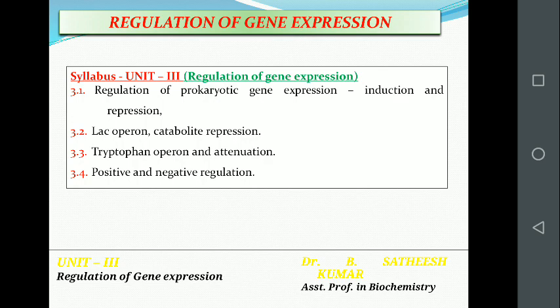So the ultimate purpose of a gene itself is production of a polypeptide chain. Therefore the information within the gene is translated into the amino acid sequence of a polypeptide chain. In that we have two stages, transcription and translation.